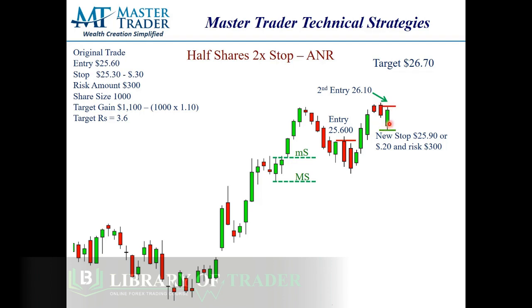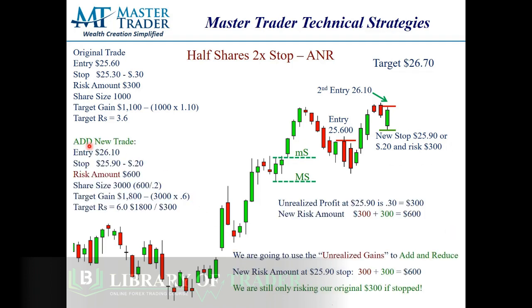So based on that, we have a new setup with a new stop at 25.9, 20-cent stop, and we're going to risk the $300. And here's the setup. New trade. And we've got $300 to risk, and now we're going to add that to our prior trade.